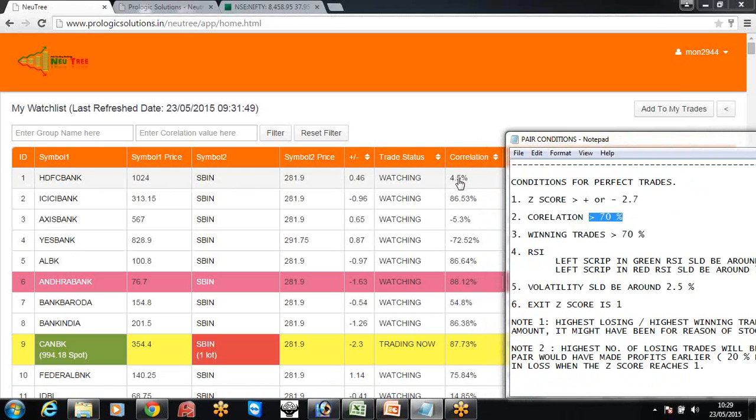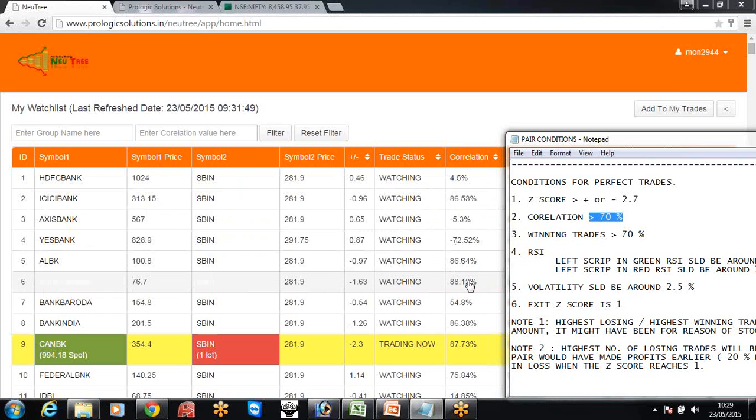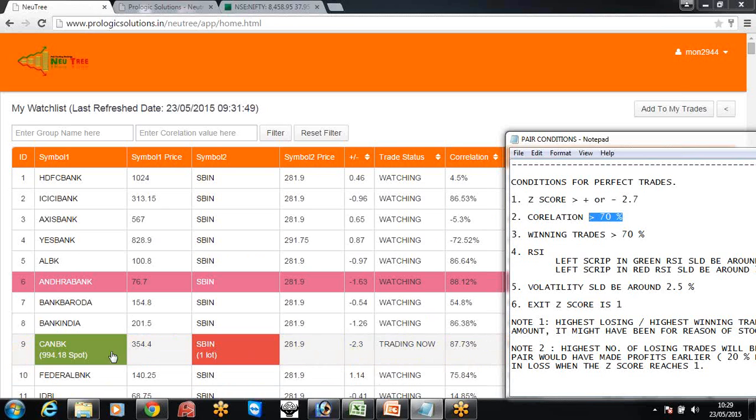Here you can see the correlation between HDFC Bank and SBI is 4.5%, whereas ICICI and SBI is 86%, Andhra Bank and SBI is 88%, and Can Bank and SBI is 87%. The more the correlation, that is more than 70%, the more successful the trades will be and the more the profits. Now the percentage of winning trades is also important.